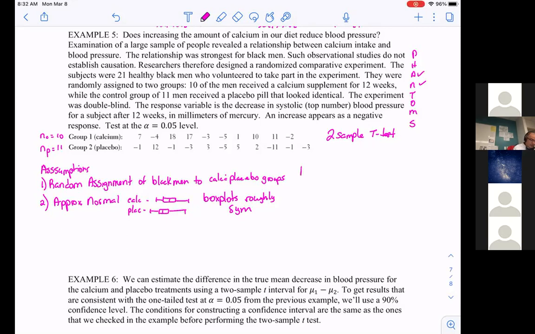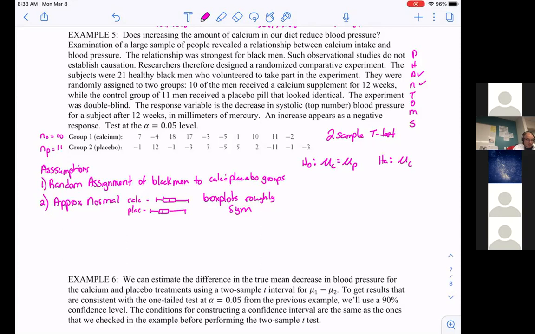We need some hypotheses. Okay. My null hypothesis is that the mean of the calcium group equals the mean of my placebo group. We'll write it like that this time. My alternate hypothesis, we are trying to determine if the mean of my calcium group, we want to see if calcium lessens that.